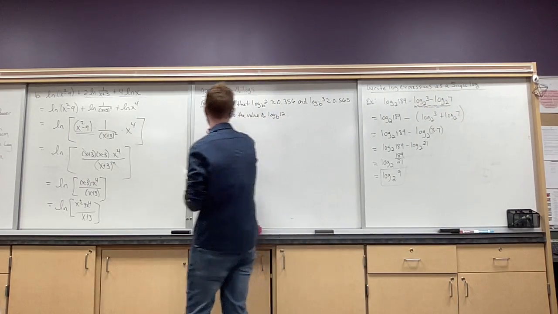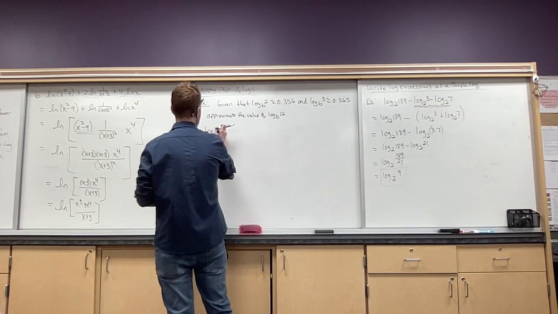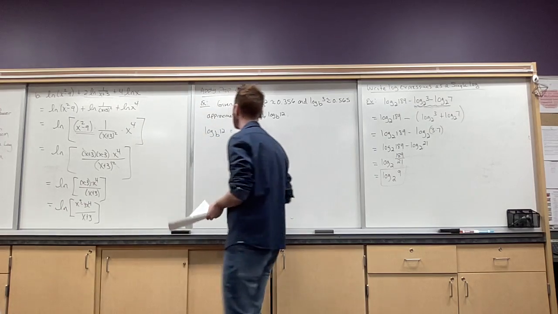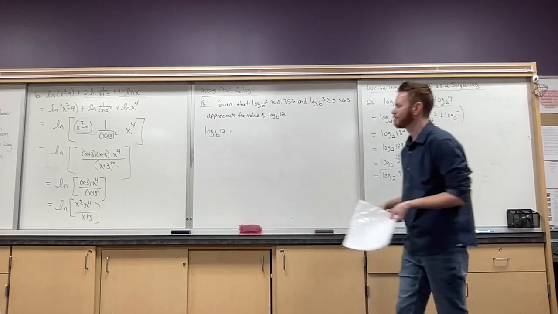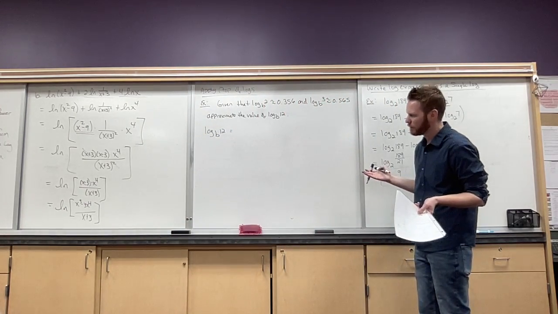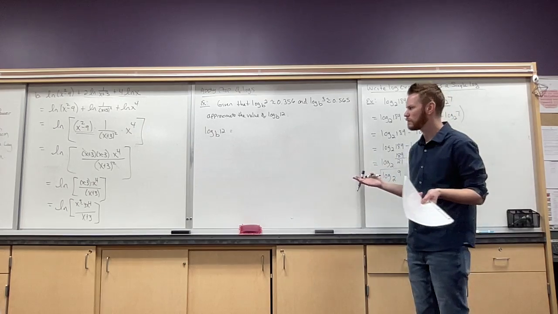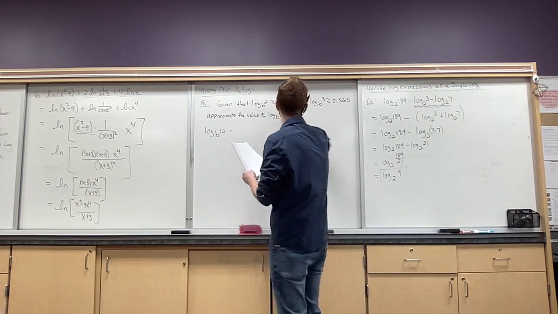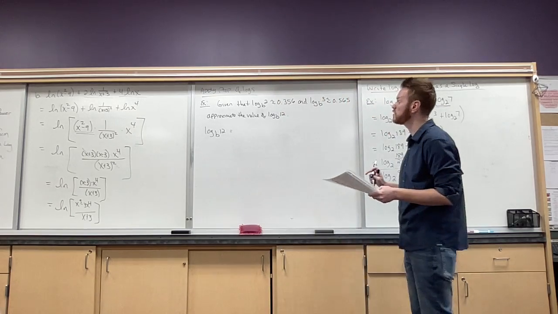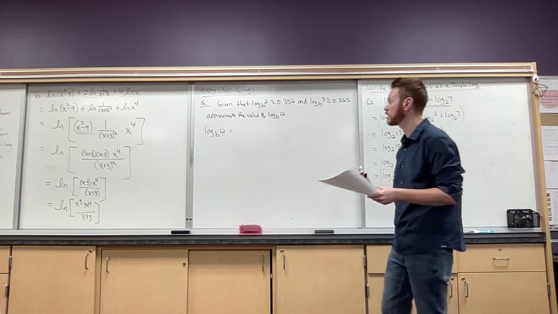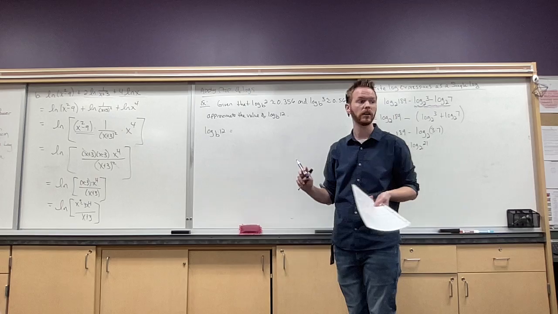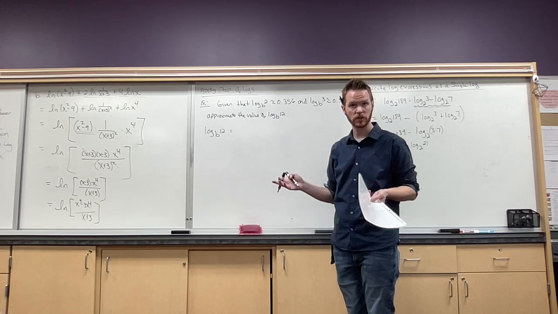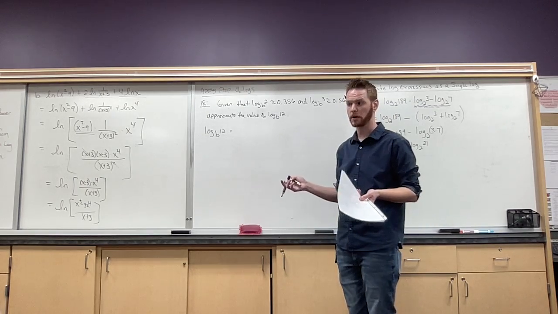So let me rewrite the log part. So log base b of 12. Now notice, I'm not multiplying by anything. I'm not dividing by anything. So how can I break that apart? Well, if we have 2 and 3 here, maybe we can use those to help us break it apart. What are 2 factors of 12? 6 and 2 works. 4 and 3 works, right?